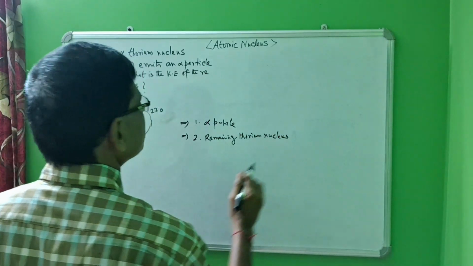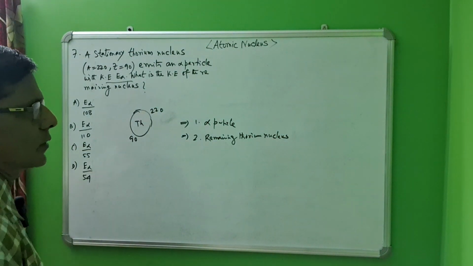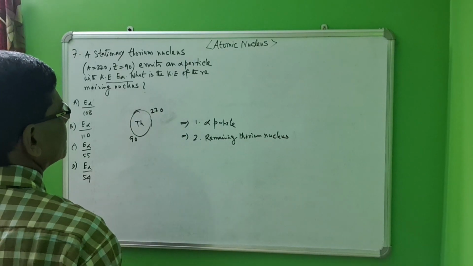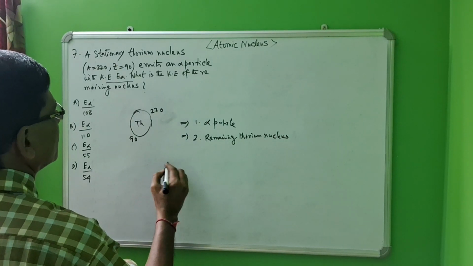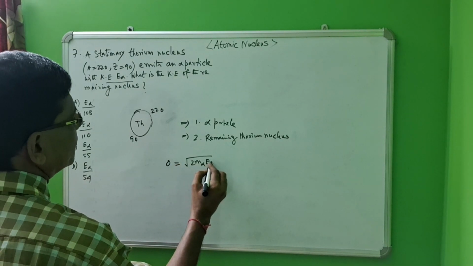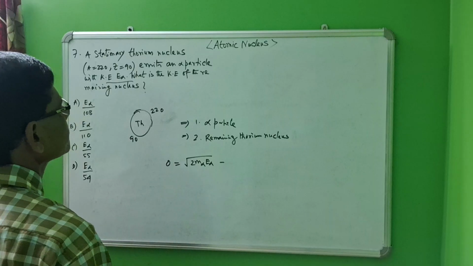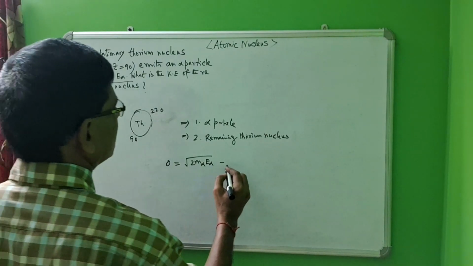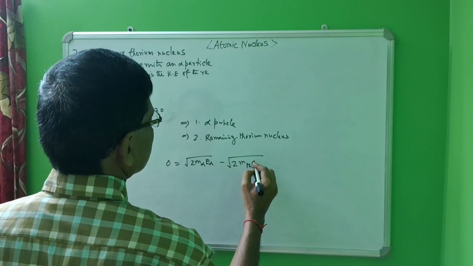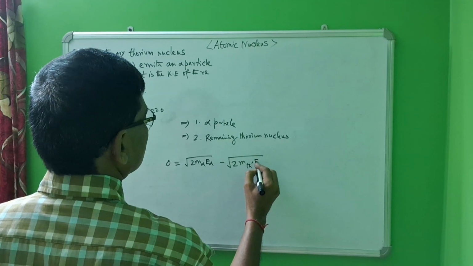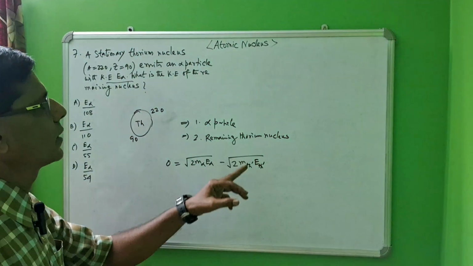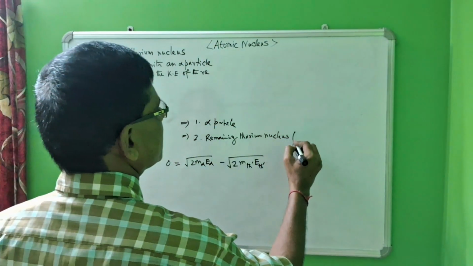If we consider the conservation of momentum, then we can write 0 equals root over twice m alpha E alpha minus root over twice m thorium dash E thorium dash. We suppose the remaining thorium nucleus as thorium dash.